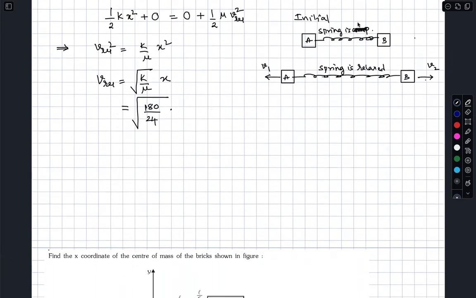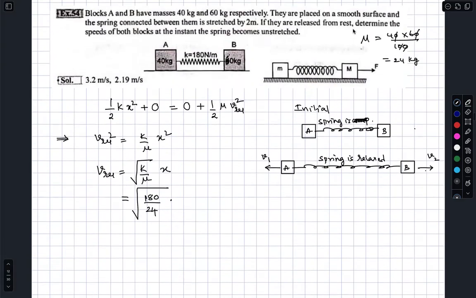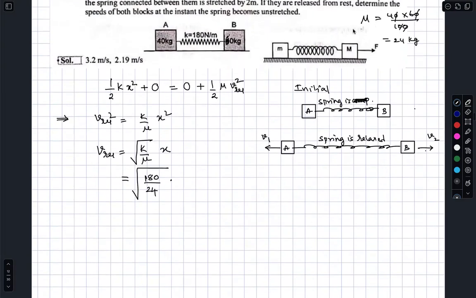The spring is stretched actually. Is it stretched or compressed? Then I'll do reverse, simple. Hold on, no issues. Why should I draw a second diagram? Now it is the situation where you said spring is initially stretched.